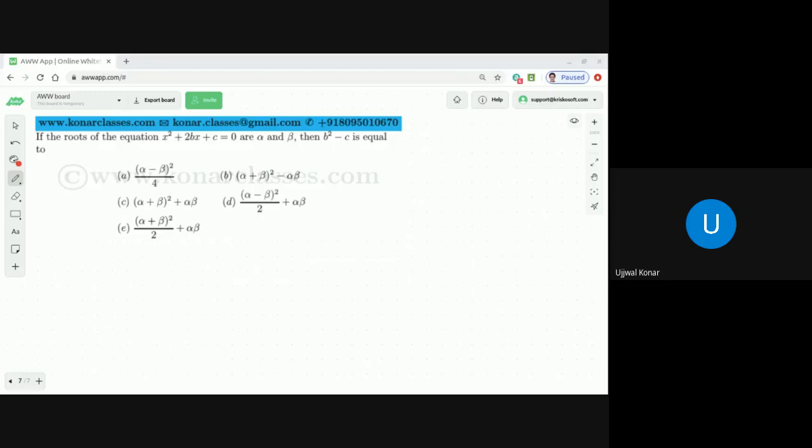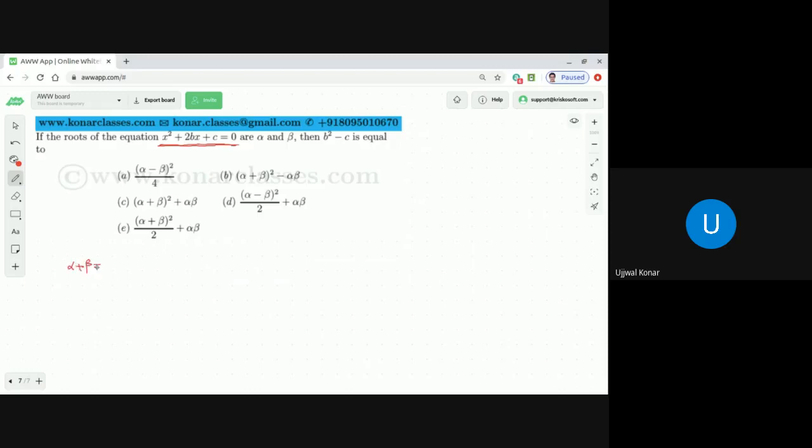Okay, what happened? What is the approach you are taking, dear students? If someone is able to do it, please do let me know your answer. According to the question, alpha and beta are roots of this equation, x square plus 2bx plus c equal to 0. So what we get?